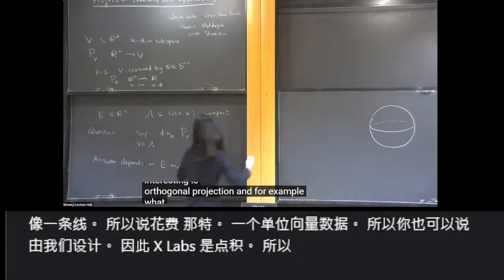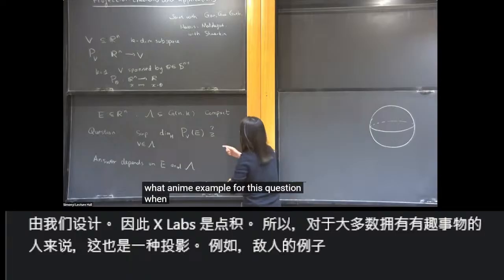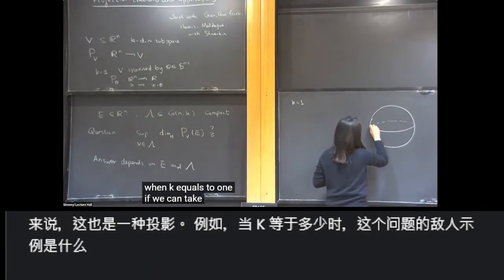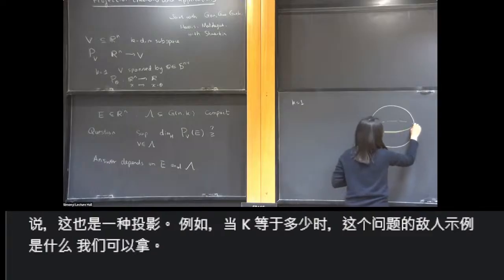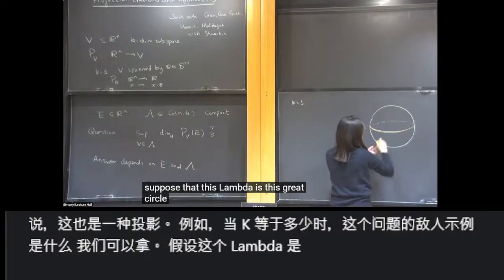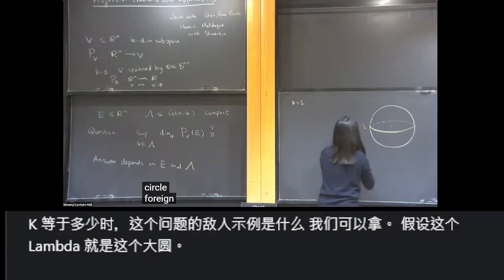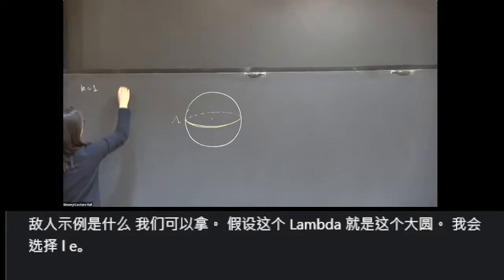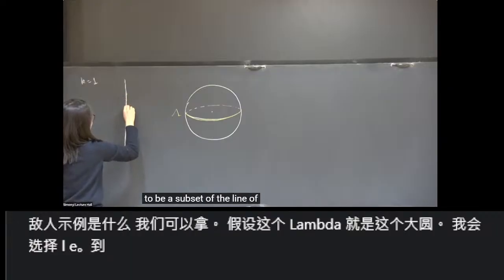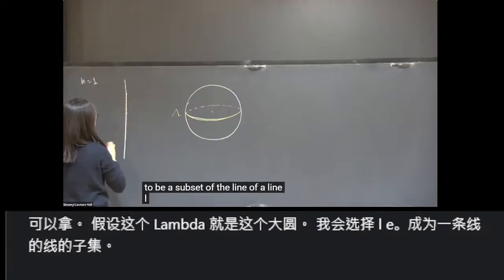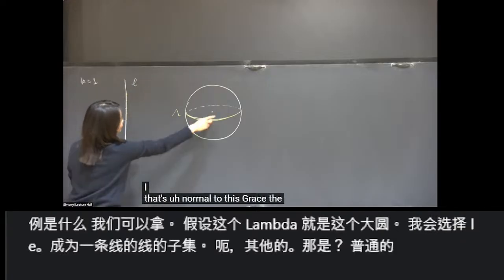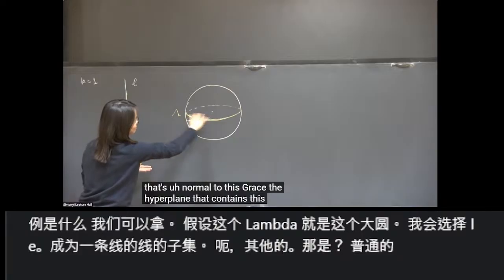One bad example for this question, when k equals 1, is to suppose that Lambda is a great circle, and then we take our E to be a subset of a line L that's normal to the hyperplane that contains this great circle.